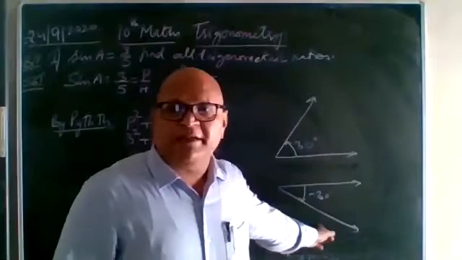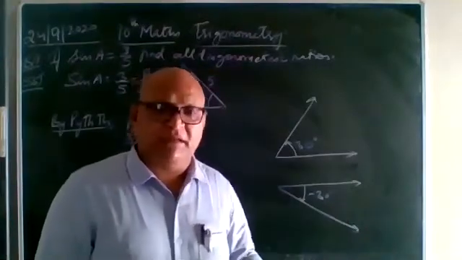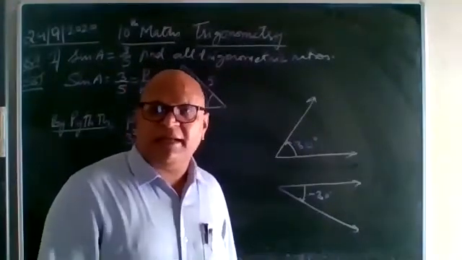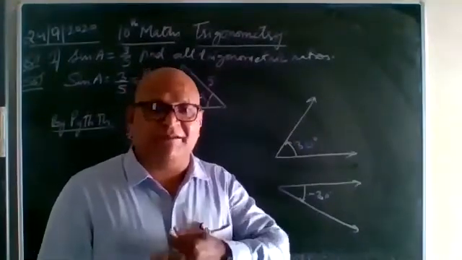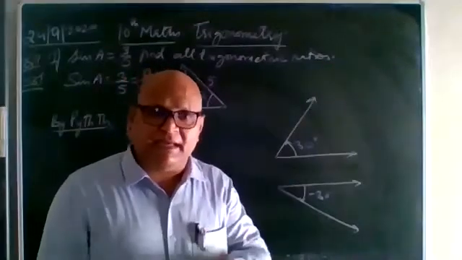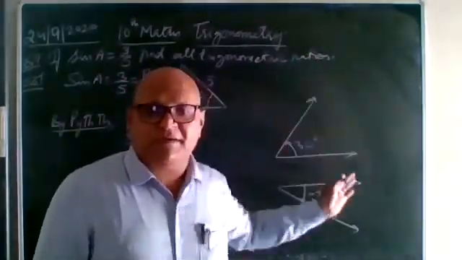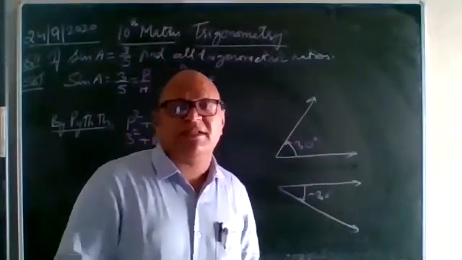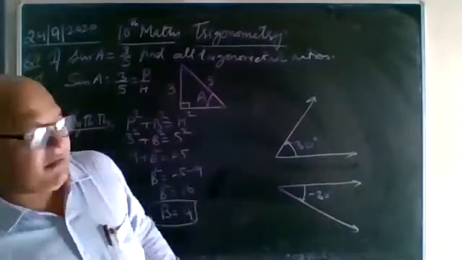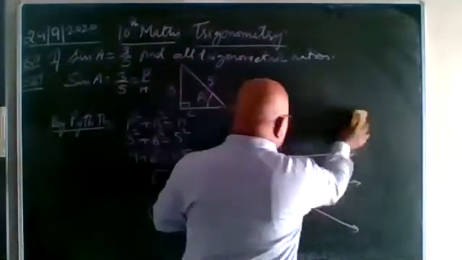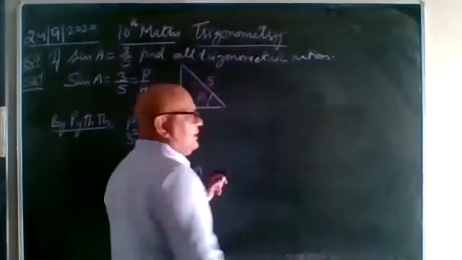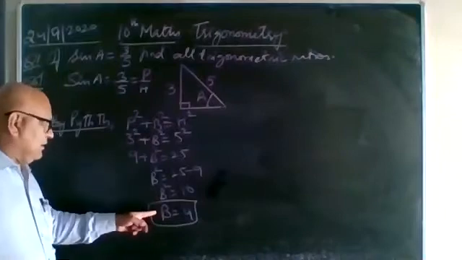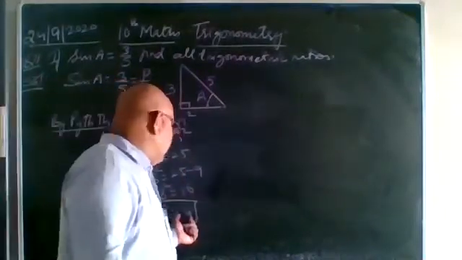Understood? So negative angle and positive angle. In our syllabus, we have positive angle only. That's why, when we are considering trigonometry, the angle should be anti-clockwise, and when we are moving clockwise, then comes the negative angle. We are not bothered about all these things in this class. We have only the introduction.